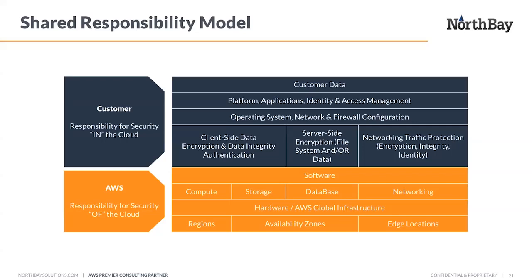These are offered as a service. It has concepts of regions and availability zones, then you have concepts of edge location. So if you really want to understand it, whatever is in the cloud is the customer's responsibility, and whatever is of the cloud is AWS responsibility. Okay, and that's referred to as the shared responsibility model.